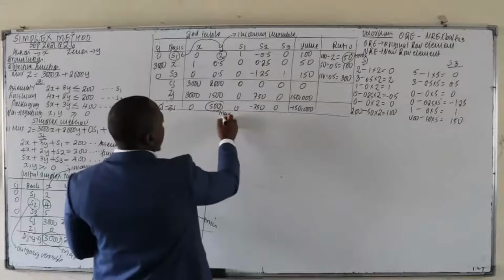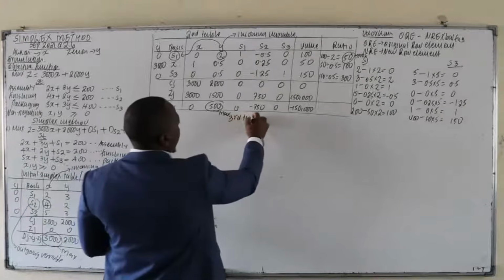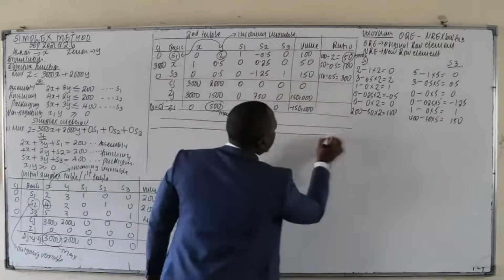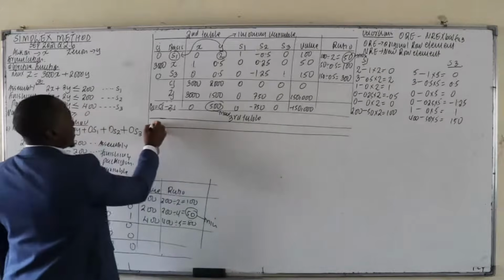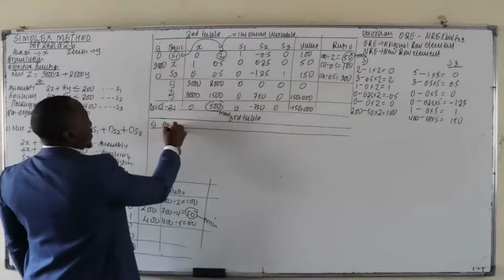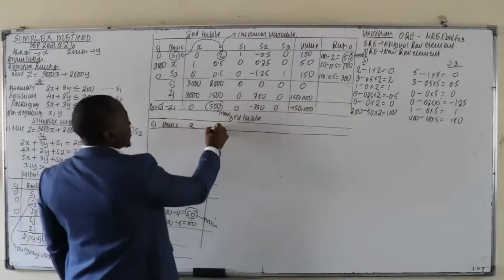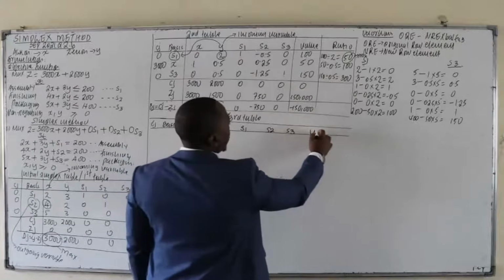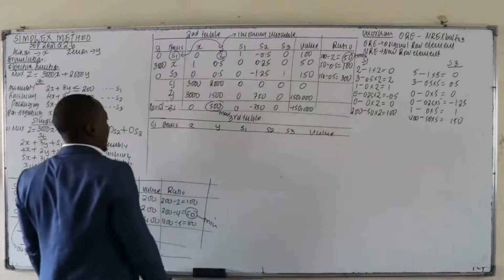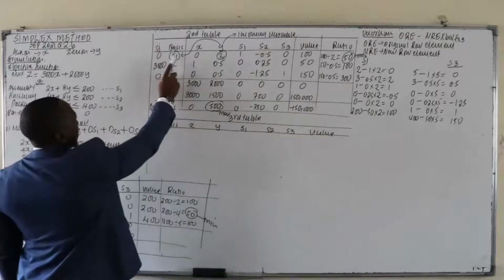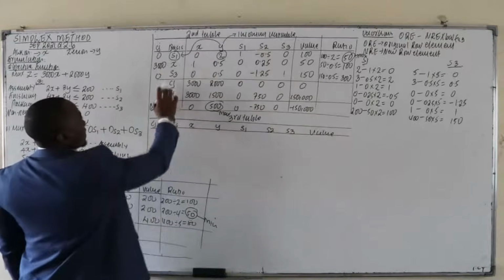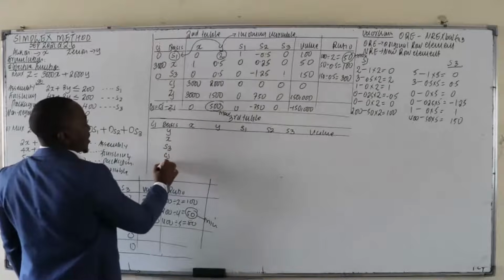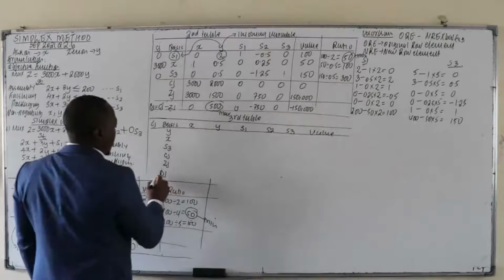From there we proceed. We have not met optimality, so now we go to the third table. How do we develop the third table? We have Cj, and the basis X, Y, S1, S2, S3, and the value. For the basis, S1 has been replaced by Y. Here we have X. Here we have S3, CJ, ZJ, DJ.